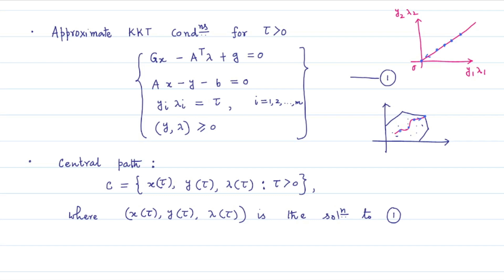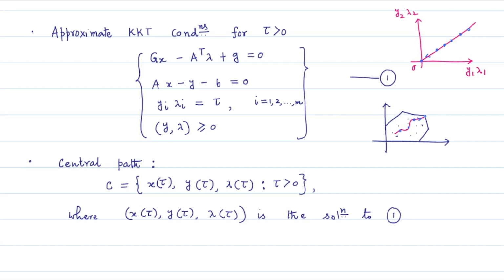Precisely, you wanted to find a solution to the original KKT system, and the original KKT system is this approximate KKT system with tau equal to 0. So just by following this path in the y lambda space, you are essentially following this curvy path. That means the points over here lead us to a point that satisfies the original KKT system, right?